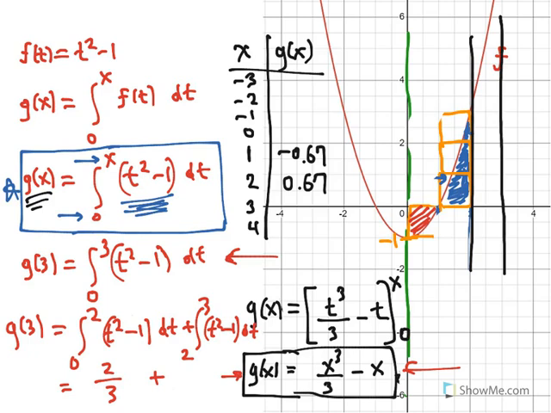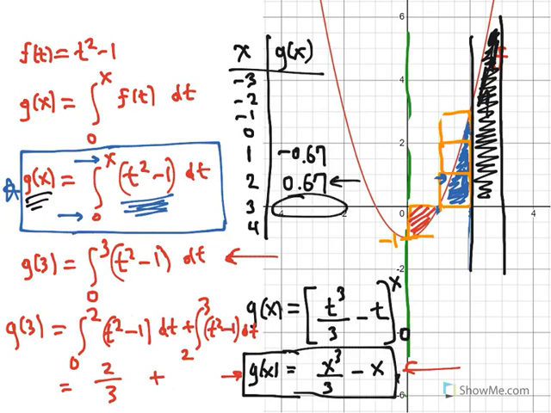So you're going to have to find the area of this region. And there's some of it that is actually not shown on my graph. But if you do that and add to that 2/3, you will get the value of g of 3.